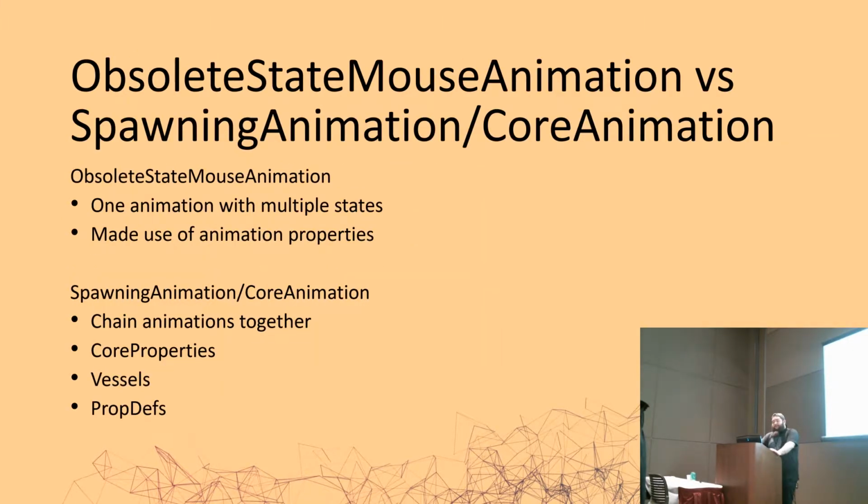So, obsolete state mouse animation versus the spawning animation and the core animation. The obsolete state mouse animation was the old way of doing things. You had states that you could control to create different stages of your animation if you needed to, and you mostly used traditional animation properties. With the new animation, specifically the spawning animation, you're no longer dealing with states, as you're actually chaining together animations.